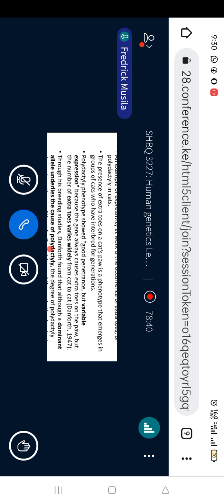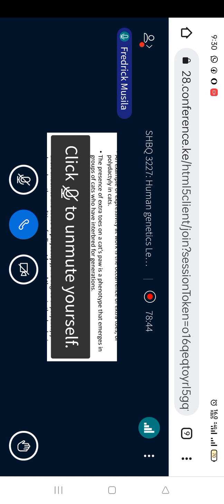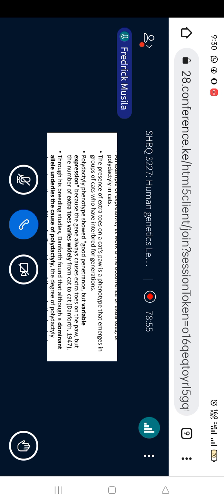the cause of polydactyly, all those cats with varying numbers of toes have the dominant gene responsible for the formation of extra toes, that is polydactyly. The degree of polydactyly depends on the condition of the adjacent layered tissues in the developing limb, that is, the expression of the gene in the tissue surrounding the tissue that will become the toe determines the degree of polydactyly.